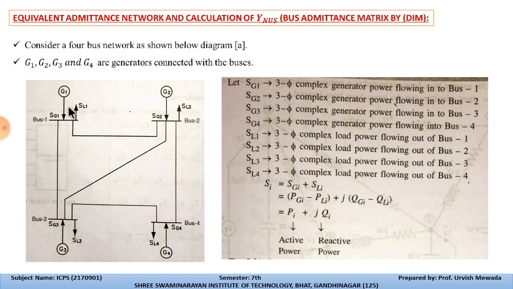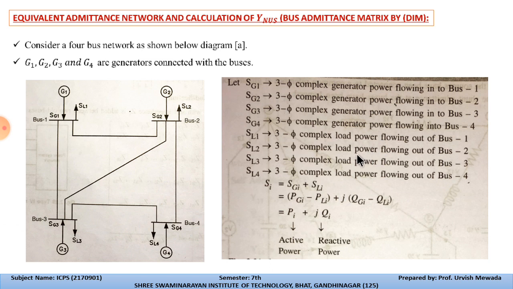So SL1 means load 1, and SL2 is the load power flowing out of bus number 2. SL3 is the three-phase complex load power flowing out of bus number 3, and SL4 is the three-phase complex load power flowing out from bus number 4.